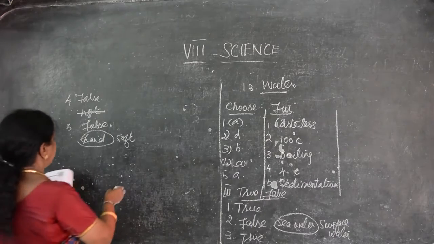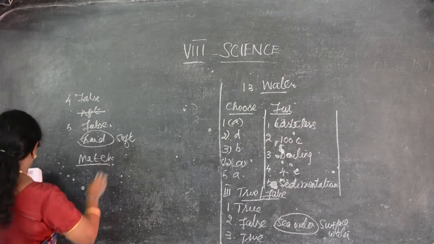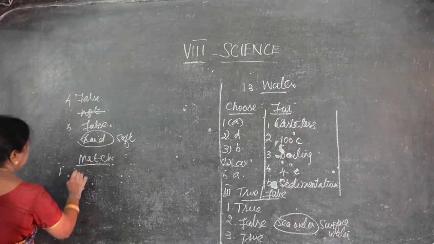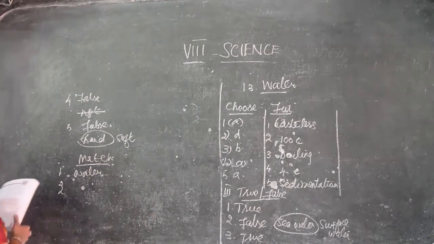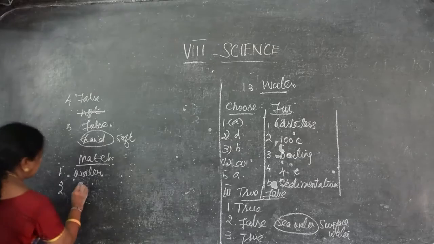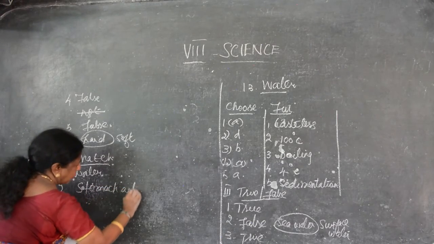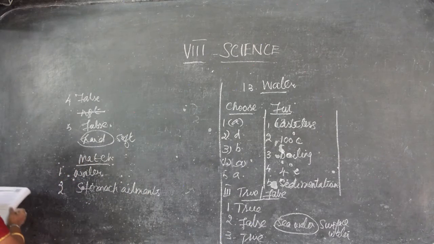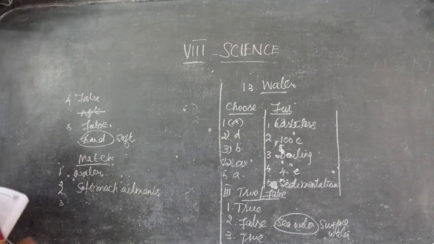Then match the following. Universal solvent, water. I am writing only answers, children. Already I gave the answers. Second, we are verifying, that's all. Second one is hot water, stomach ailments. Ailments means what? Disorders, pains, stomach ailments. And the third one is boiling, kill germs.